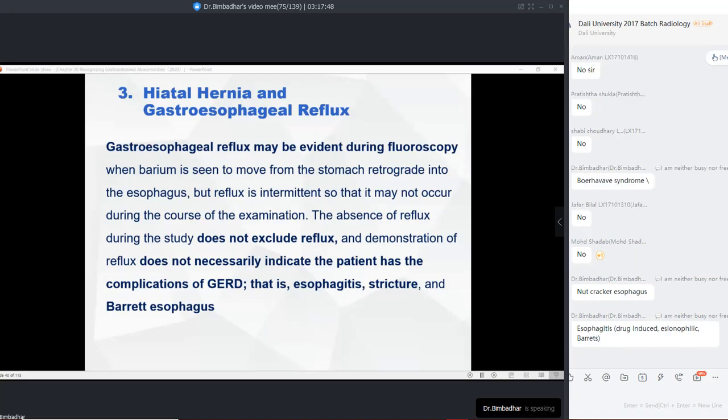All of them are related to GERD, esophageal carcinoma and stricture formation. So these are all risk factors.